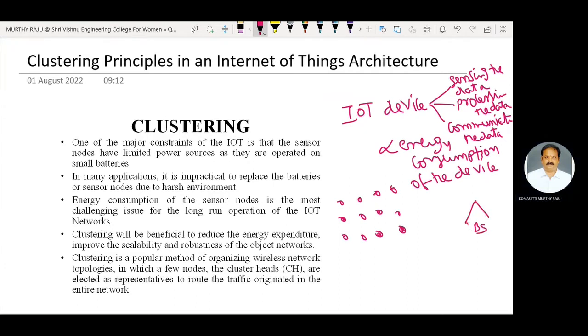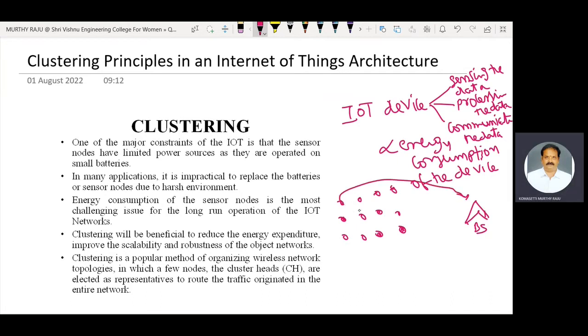Suppose there are 12 devices. Hundreds or thousands of IoT devices will be required for gathering and analyzing the traffic conditions in our city. In this example, 12 devices are considered.